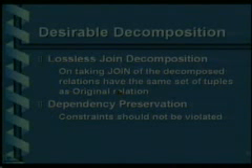That is, if we join those three relations again, we will get back the original relation. Try it. Dependency preservation. Constraints should not be violated. All the constraints were presented in the dependency diagram, and we are not violating any of those constraints.